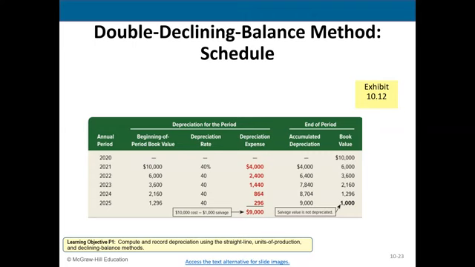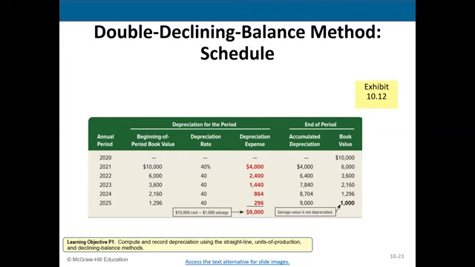I then take that 6,000 times the 40% to get depreciation expense for year 2 of 2,400. Then I subtract that 2,400 from the 6,000 to get a new book value of 3,600. 3,600 times the 40% is 1,440 in the third year.